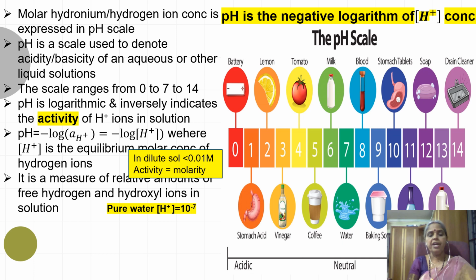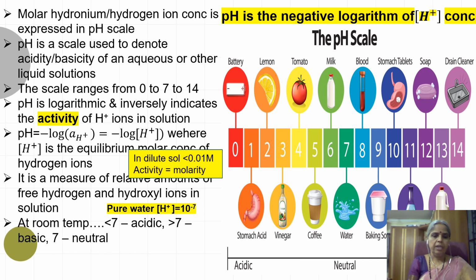Pure water has a hydrogen ion concentration of 10 to the power of minus 7. At room temperature, a pH less than 7 indicates the acidic nature of the solution, greater than 7 indicates basic nature, and exactly 7 indicates the neutral nature of the solution.